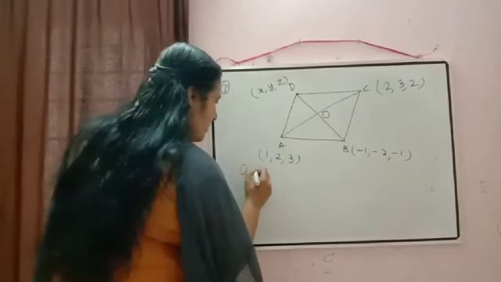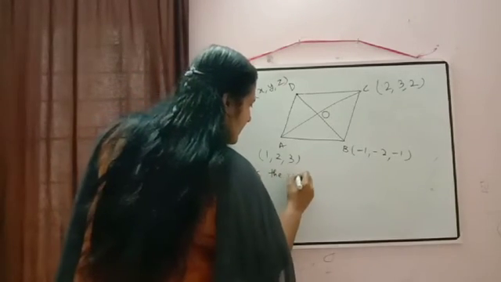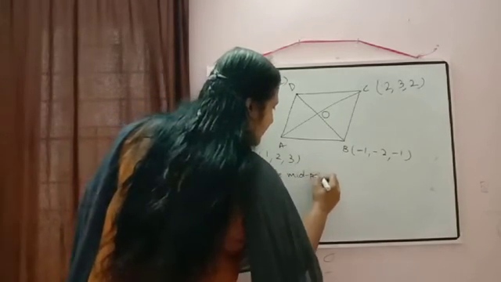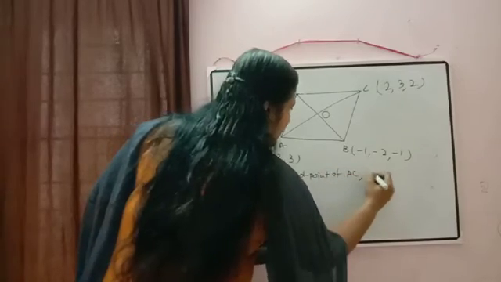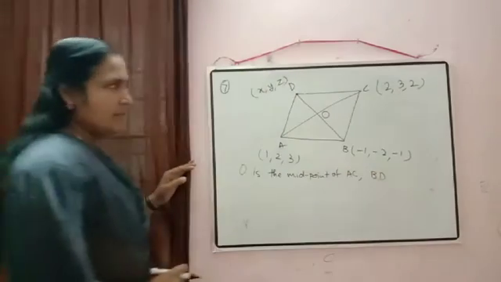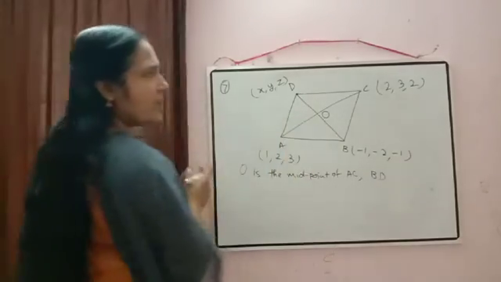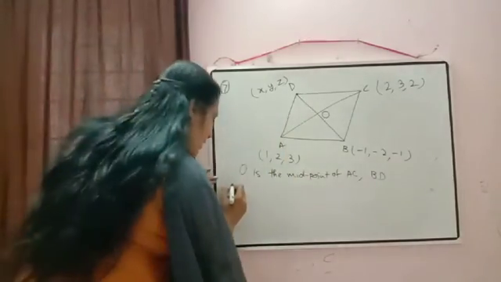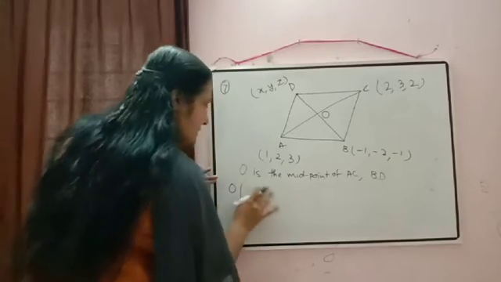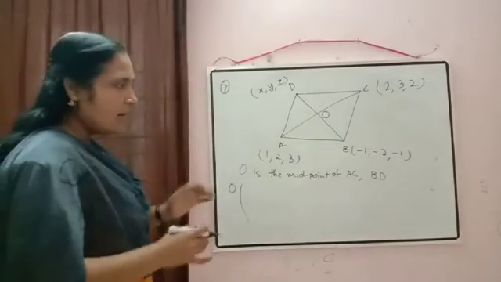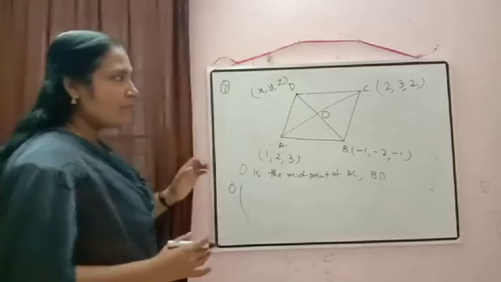In AC, the coordinates of A and C we know. So according to the concept of midpoint, we will write down the coordinate of O.